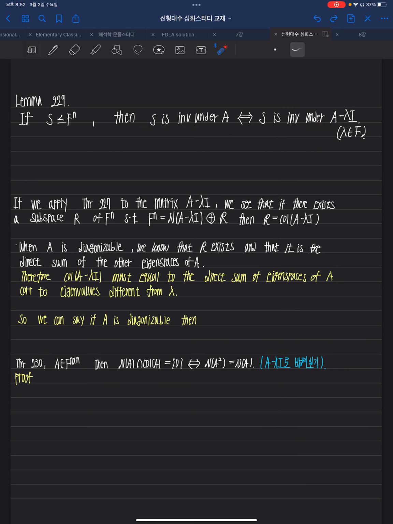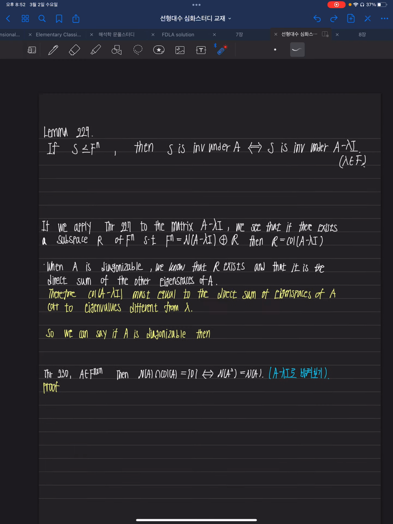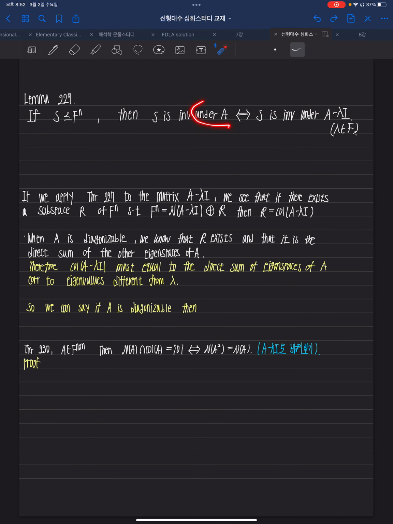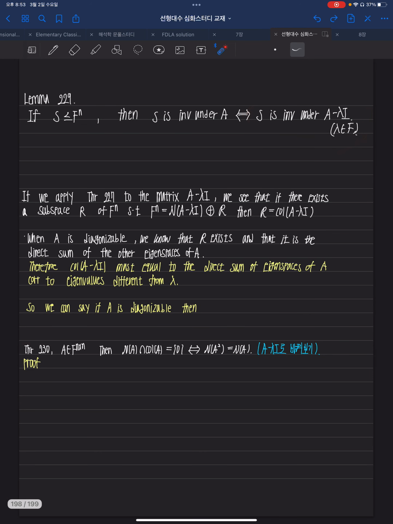This is important. Why? Because in this theorem, in this process, the aim is A minus lambda I. Well, why? Because this is the eigenspace of lambda under A.